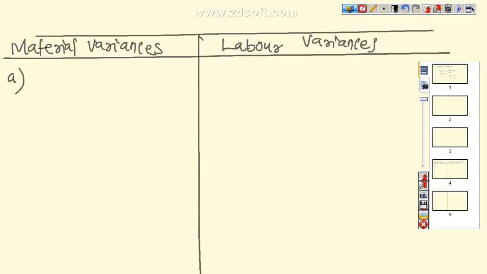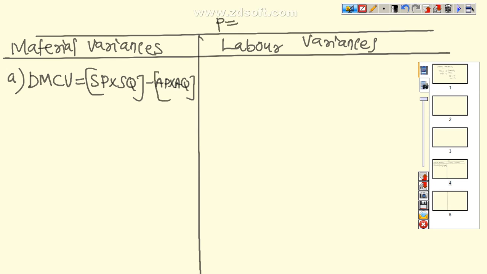First, material variance: direct material cost variance is equal to standard price into standard quantity minus actual price into actual quantity. So remember, in case of labor variance, wherever P is there, we have to replace it with R, and wherever Q is there, we have to replace it with T, meaning time.